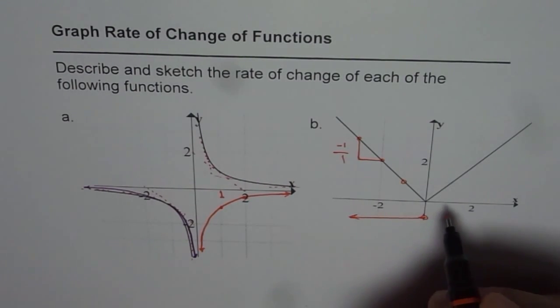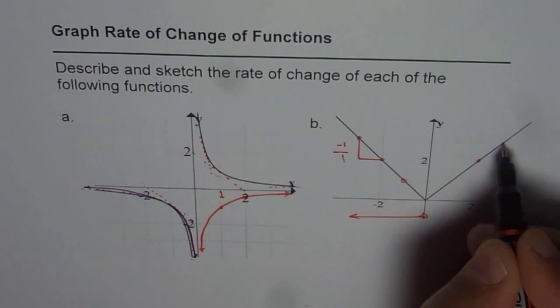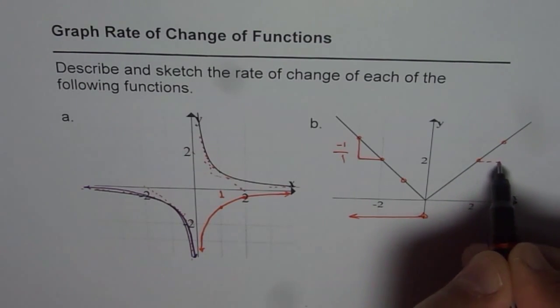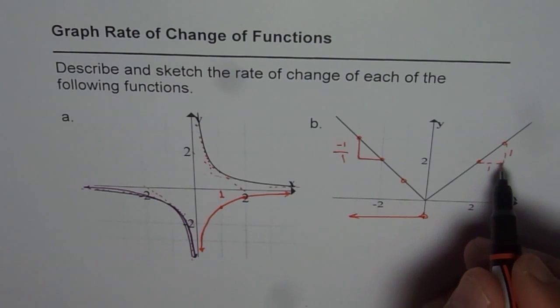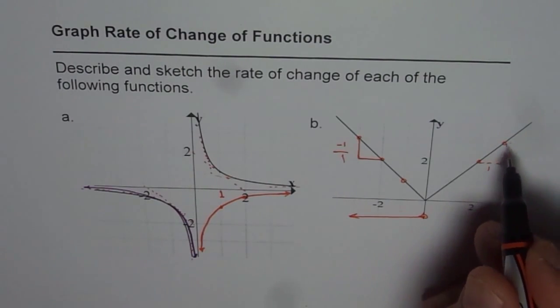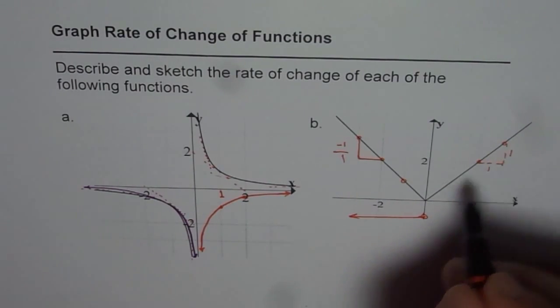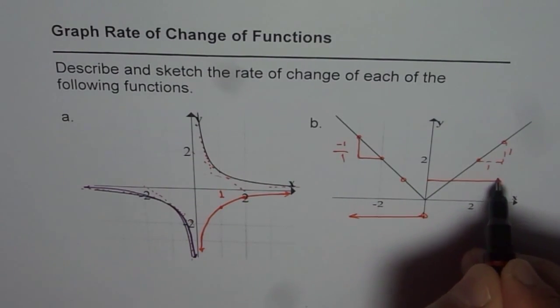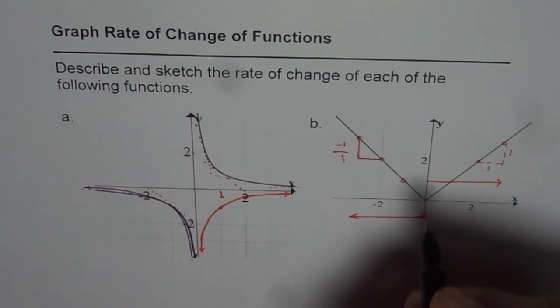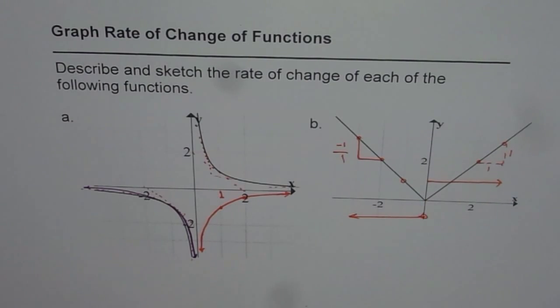If you consider the points on the right side in quadrant 1, you can see here that the rise is 1, the run is also 1, and therefore the slope of the line is 1. So on this side the graph will be like this. How about the origin?